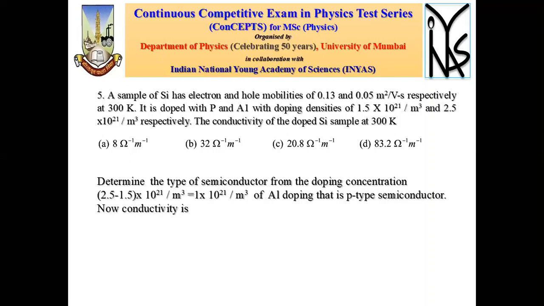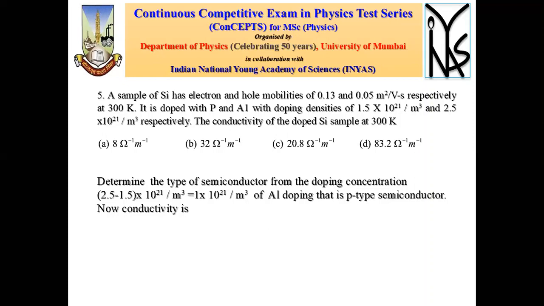Aluminum is a trivalent impurity, which makes the semiconductor P type, and this is what we study: if the concentration of a dopant increases, depending upon the pentavalent or trivalent characteristic of the dopant, the semiconductor will become an N-type or a P-type semiconductor. So first we have to identify that this semiconductor is becoming a P-type semiconductor, and then we have to see the mobility of electron and hole.